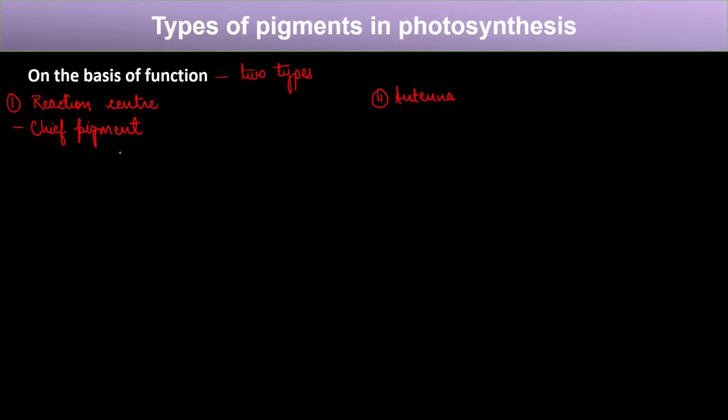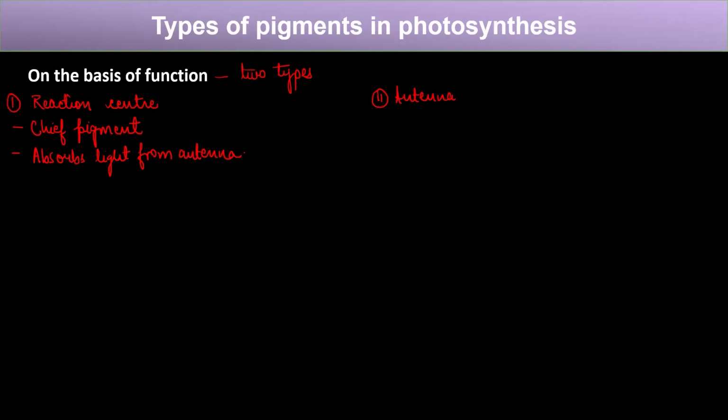Now, why do we call it the chief pigment? We will see in the upcoming slides. But for now, just think of it as the most important pigment. What does this chief pigment do? It absorbs light from the antenna. Why does it absorb light?